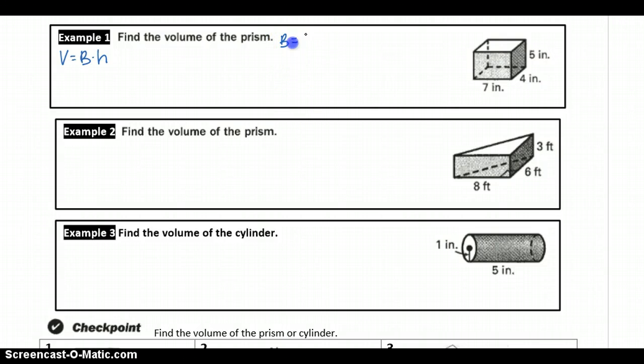So to find the area of the base, we have to look at the shape of our base. In this case, the base is a rectangle. So to find the area, we must take length times width. The length and the width of this rectangle are 7 and 4. So we will take 7 times 4, and when we multiply, this will give us an area of the base to be 28 inches squared.